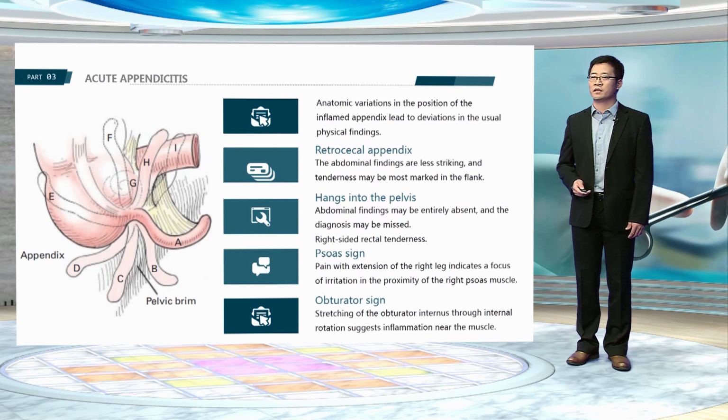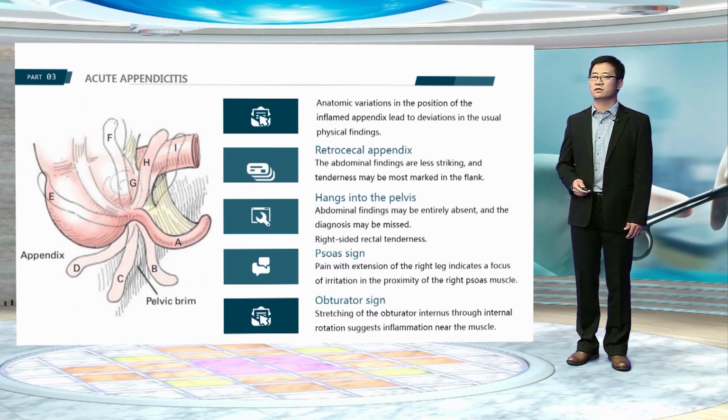The anatomic variations in the position of the inflamed appendix lead to deviation in the physical findings. For the retrocecal appendix, the abdominal findings are less striking, and the tenderness may be most marked in the flank.